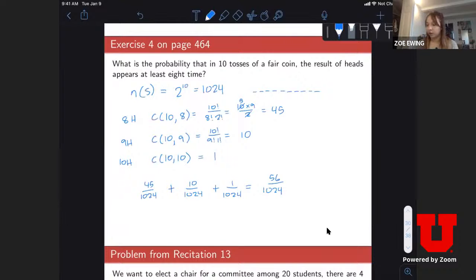You can also leave it in the form if you put 10 choose 8 over 2 to the 10th and so on. That would also be totally reasonable. You don't have to multiply any of these out, but I was saying earlier, it can sometimes be helpful to make sure that you get an answer that makes sense.